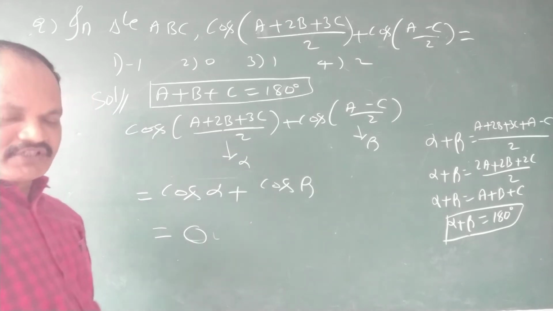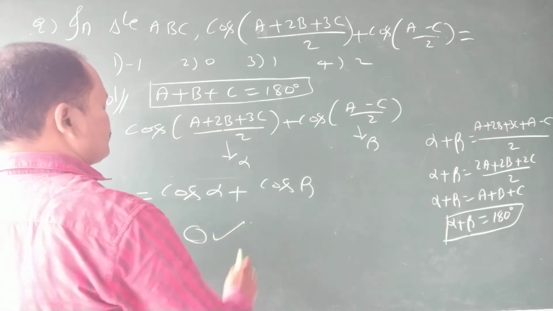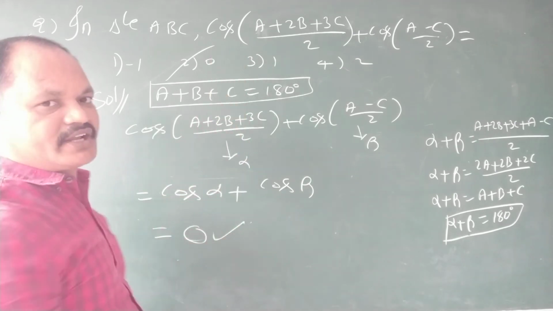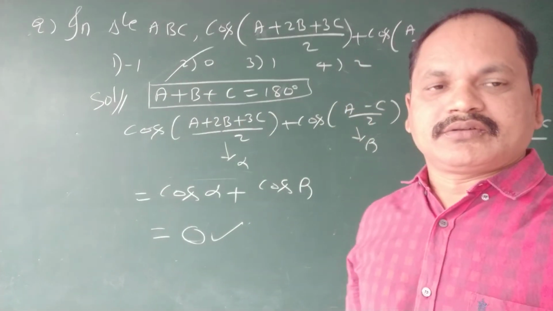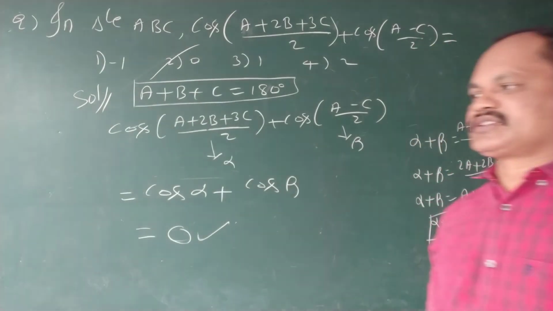If alpha plus beta is 180 degrees, then cos alpha plus cos beta is 0. That's why that is the second option.